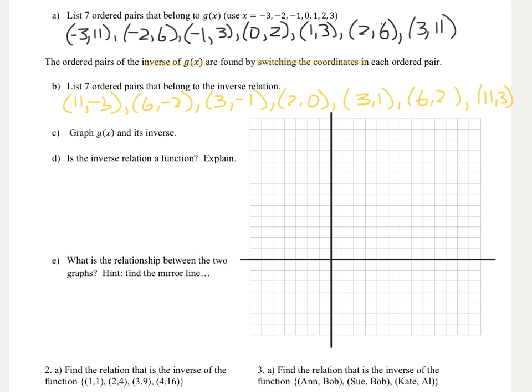So now let's start graphing the function and its inverse. One more point. That one's a little bit off, so let me try to do a little bit better. Okay. We're going to draw our parabola now.